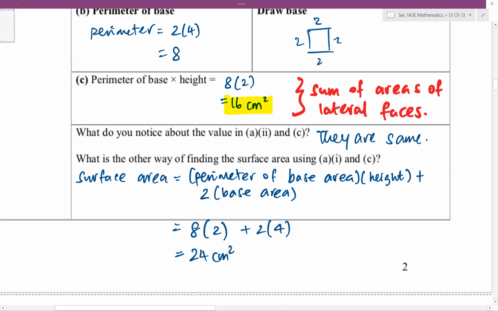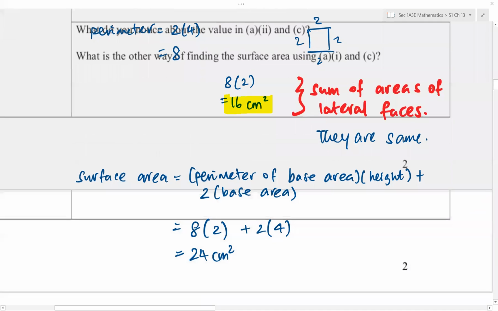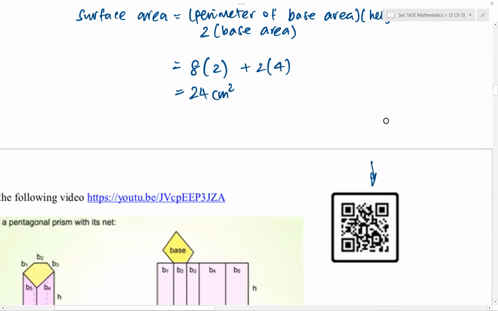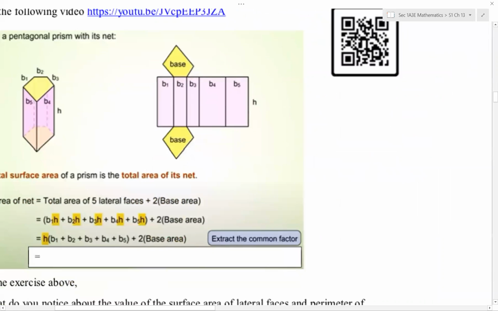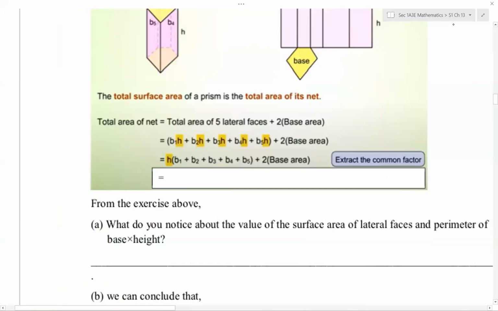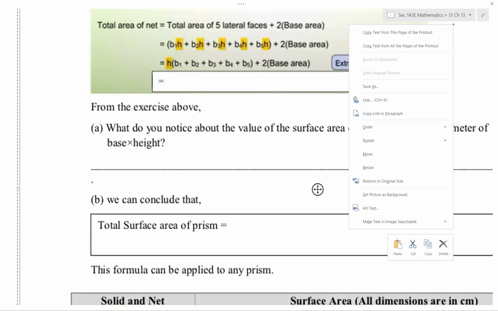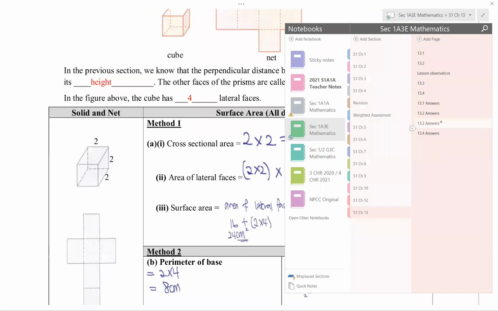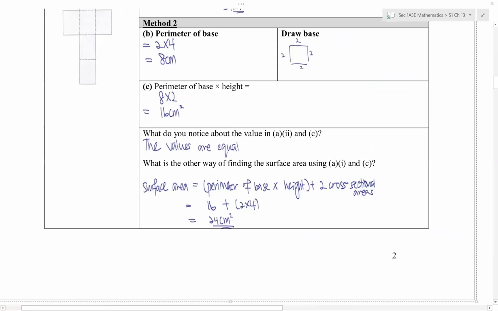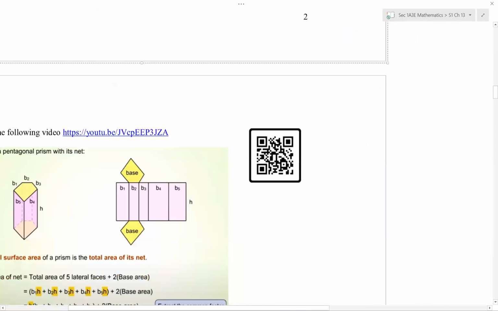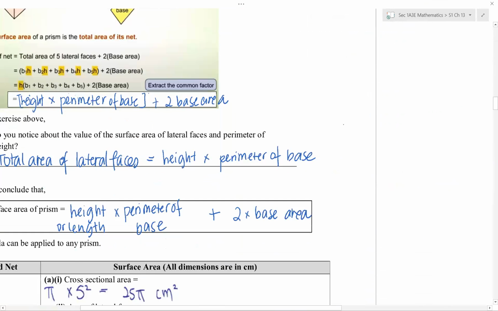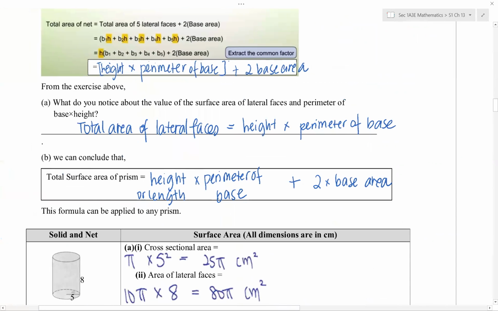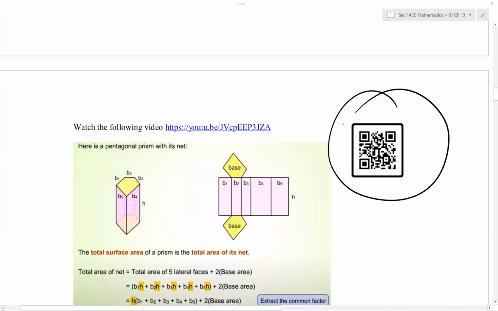Then done. Okay, this, go and do it yourself at home. I'm more interested in the actual questions. Okay, do this at home. Homework, watch the video, fill in the blanks.